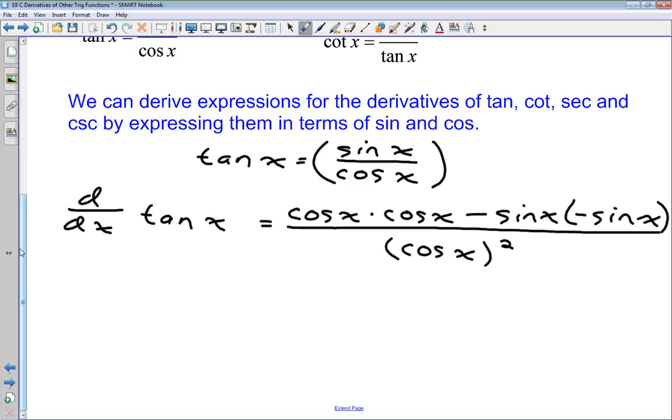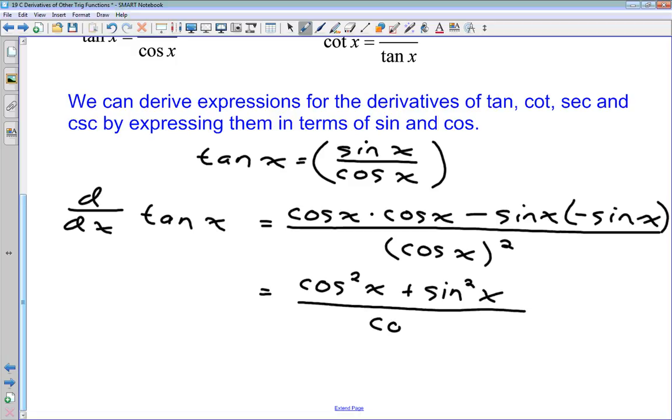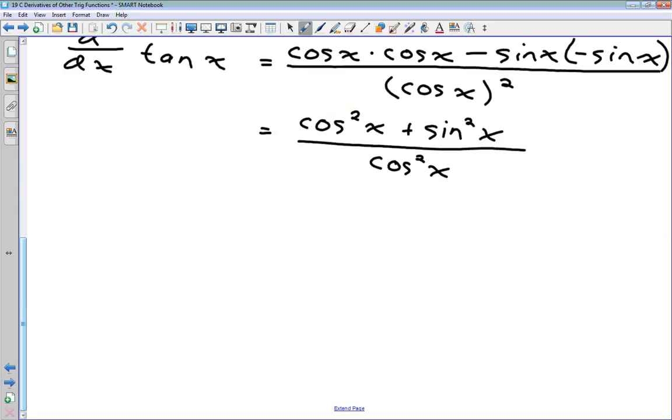So that's a pretty ugly expression. Can we make this a little bit simpler? Well, let's see. Cos x times cos x is cos squared x. Sine x times sine x is sine squared x. So we have cos squared x plus sine squared x all over cos squared x. We can simplify this even a little bit more if we remember one of our trig identities from advanced functions, particularly up in the numerator.